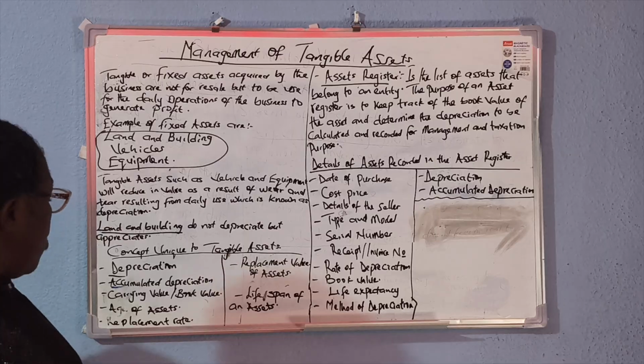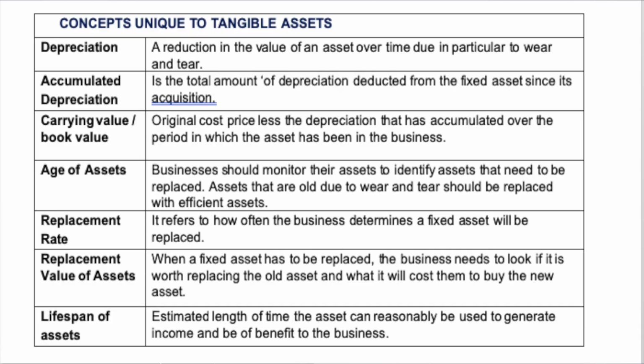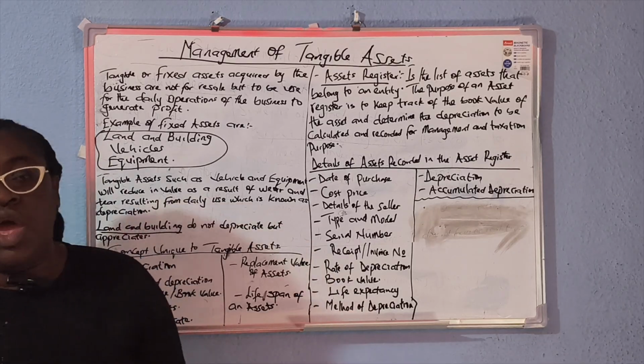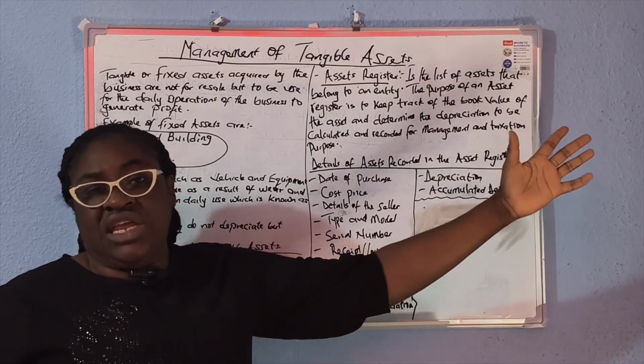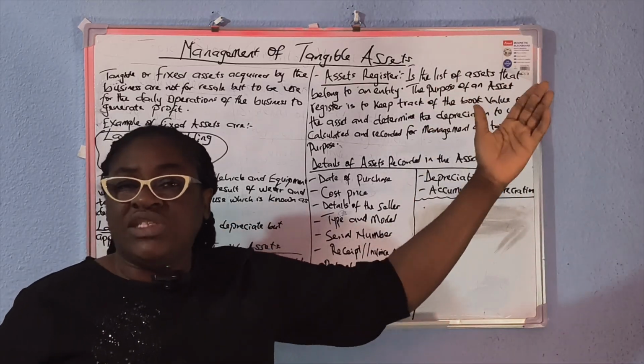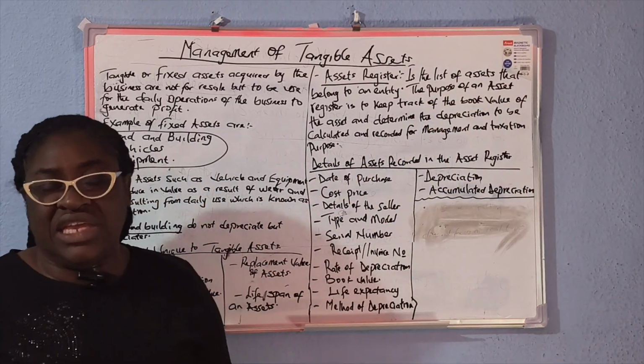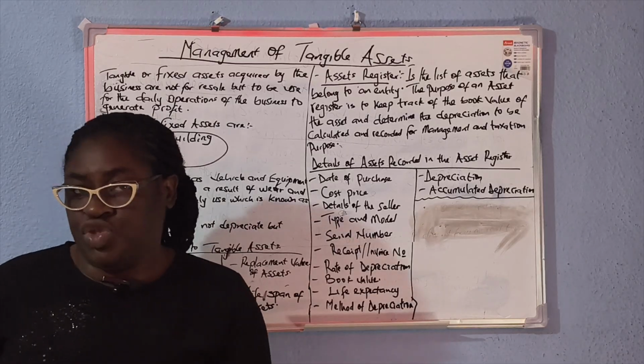And then we have what we call accumulated depreciation. We said it is the total amount of depreciation deducted from an asset since the time of acquisition. What do we mean? We bought an asset in 2018. We used that asset from 2018 to 2019. Obviously, the asset will depreciate.